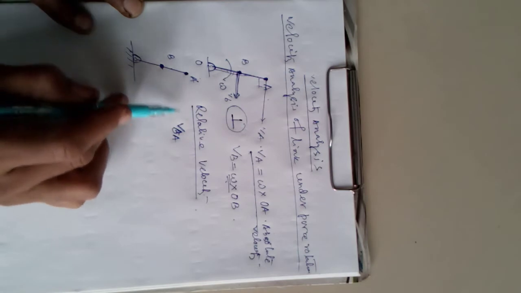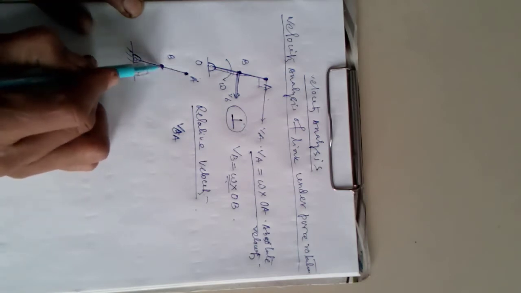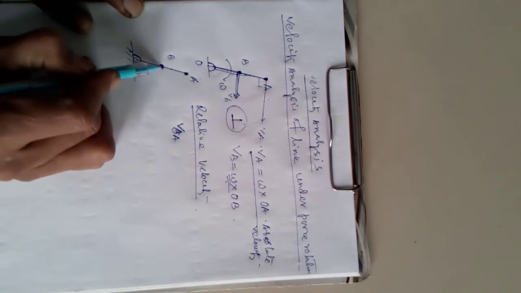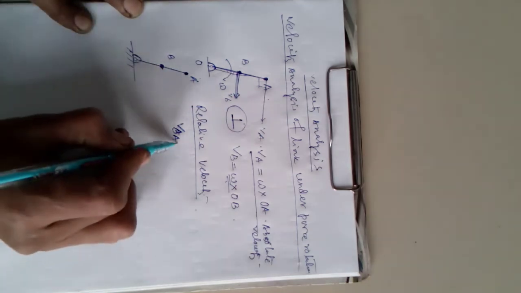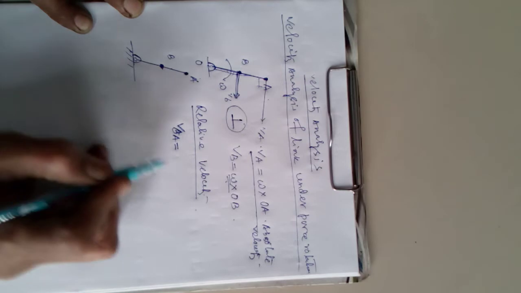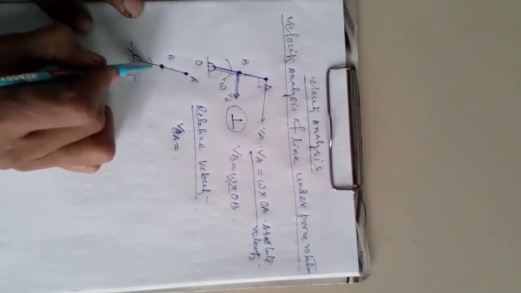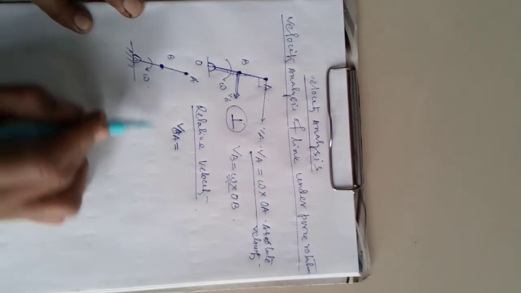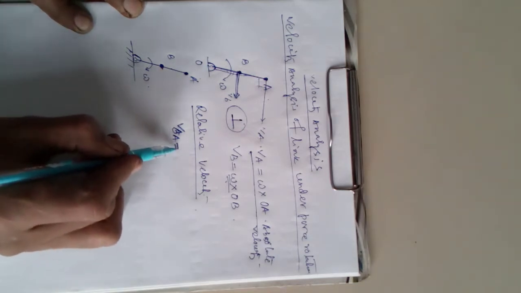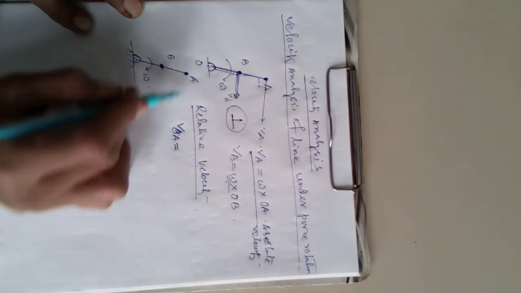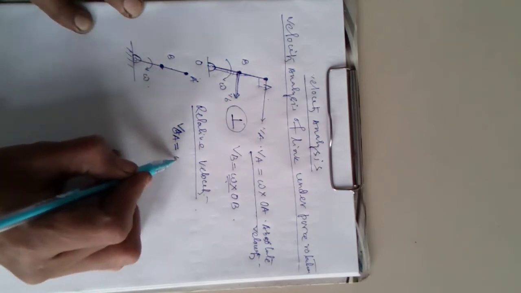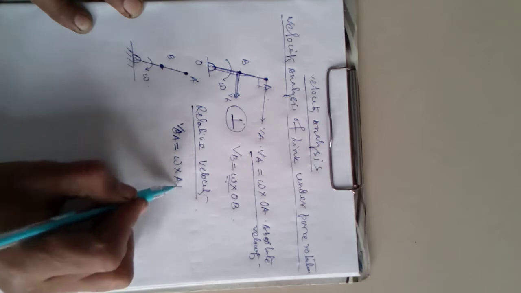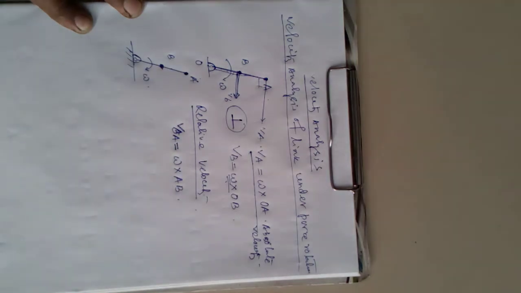We are finding out the relative velocity of A with respect to point B, so velocity will be VBA. It is with some angular velocity omega. So the relative velocity of A with respect to B will be omega into AB.